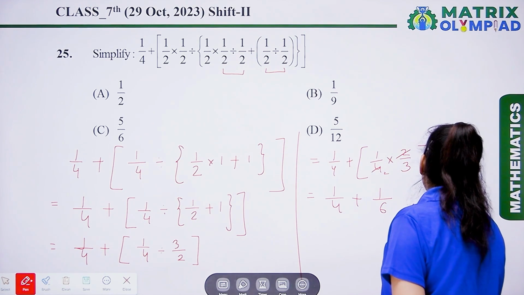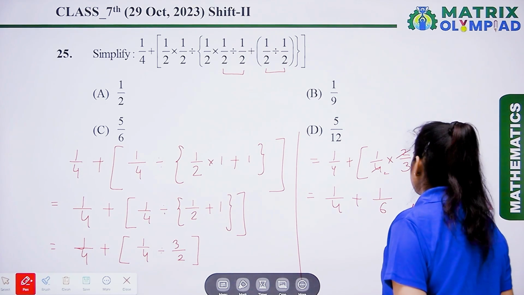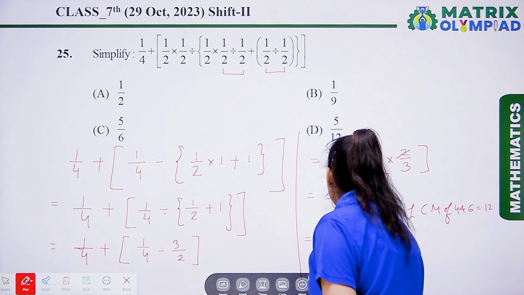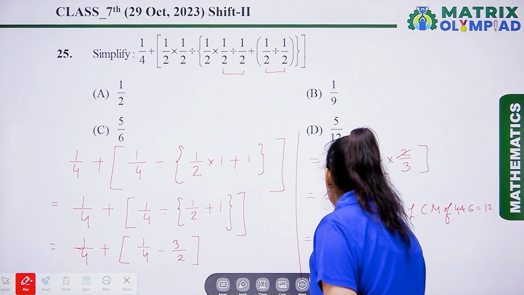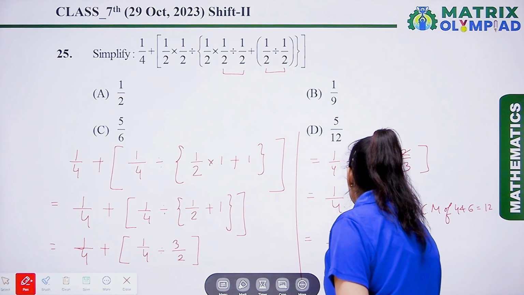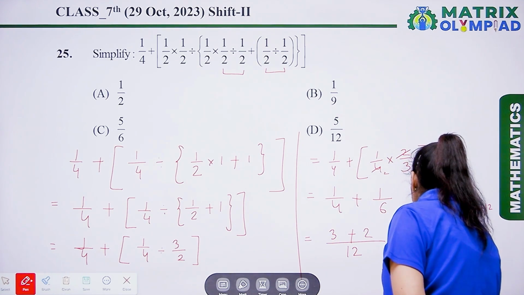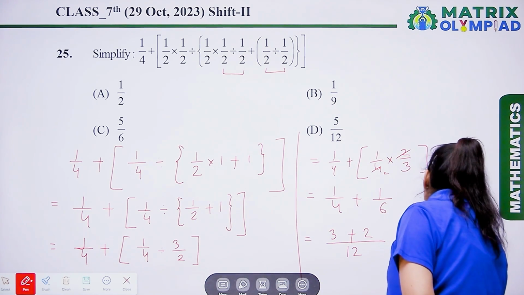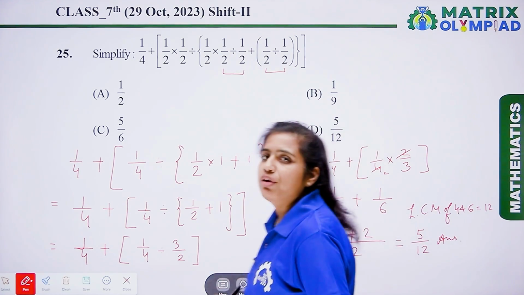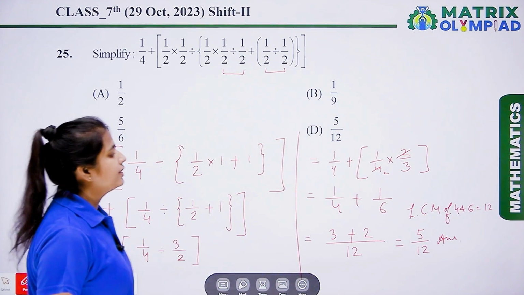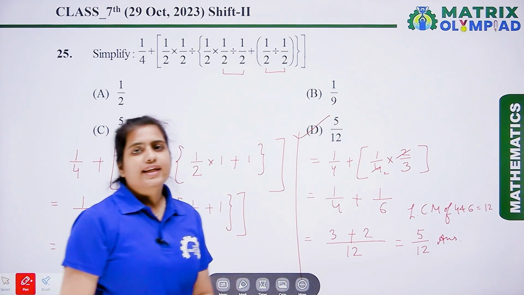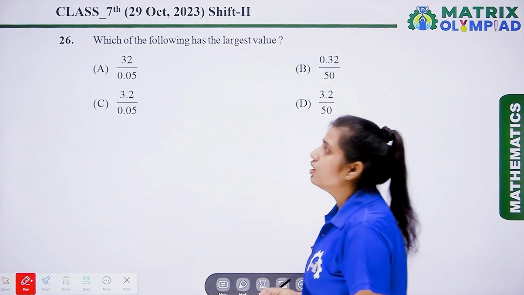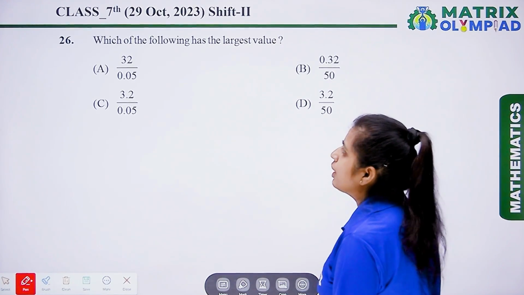LCM of 4 and 6 is 12. So we get the answer 5 upon 12 after simplifying this. According to the options, option D is the correct answer. Now the next question is question number 26.